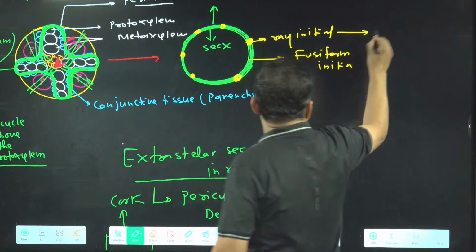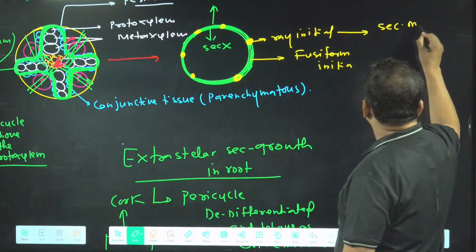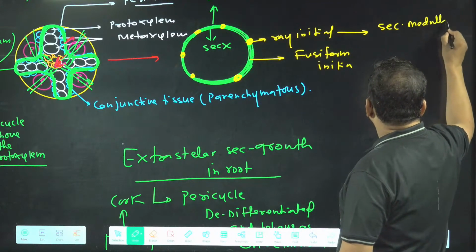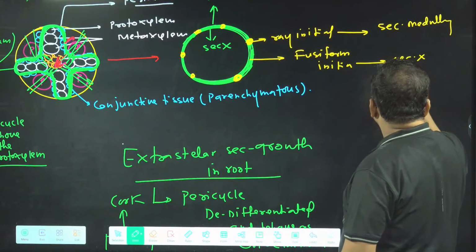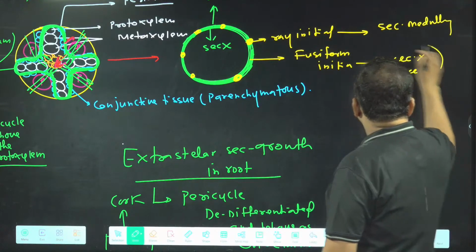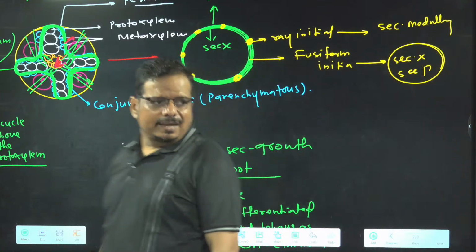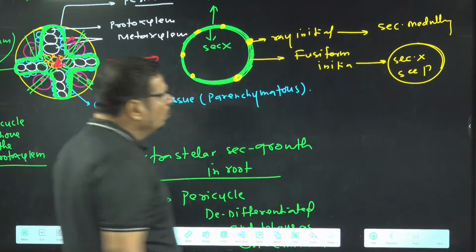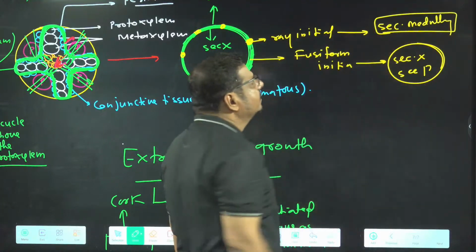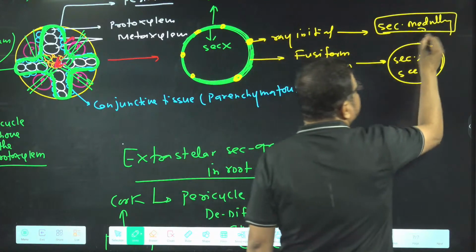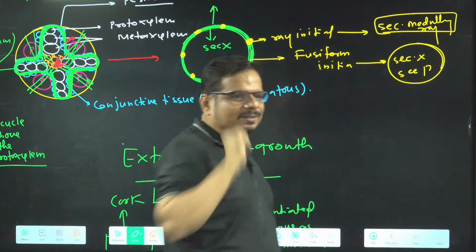These ray initials form secondary medullary rays, and fusiform initials form secondary xylem and secondary phloem. So the interesting part is what? In root, primary medullary rays are not present. Secondary medullary rays are present.